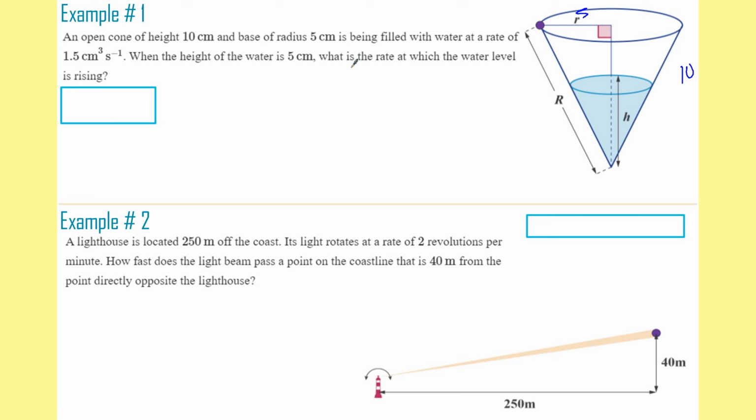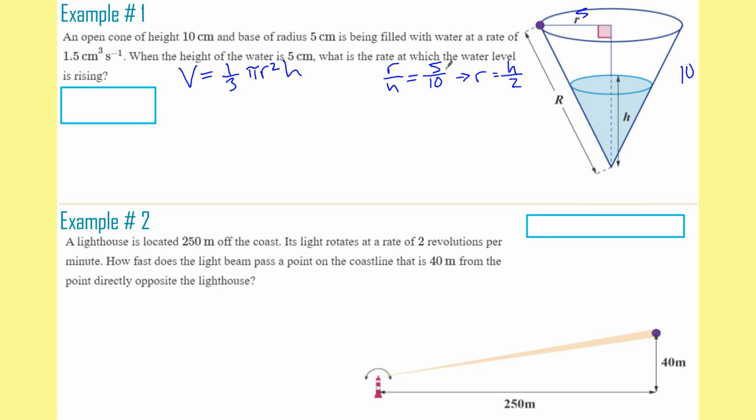Well, first, write down some things you know. You know that the volume is 1/3 base times height, so 1/3 pi r squared h. You also know that the ratio from the radius to the height is 5 to 10. So if I wanted to substitute the r, I can rewrite this as r equals h over 2.